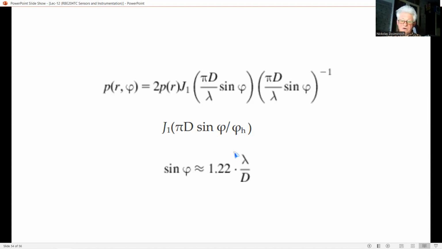Apparently, the ratio D over lambda, or expressed oppositely, determines the direction selectivity of the transducer. A narrow beam is achieved by a large ratio, in the case when D is many times higher than lambda.